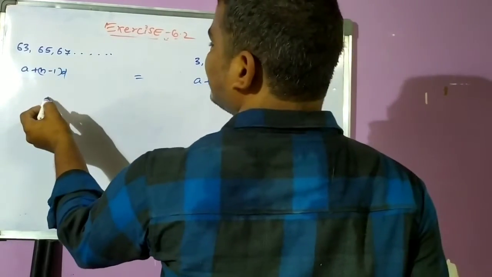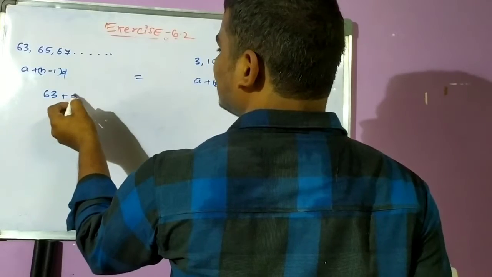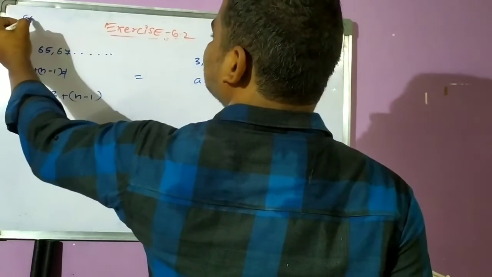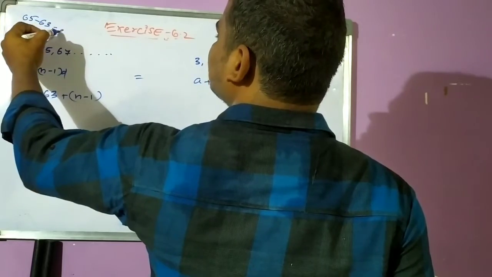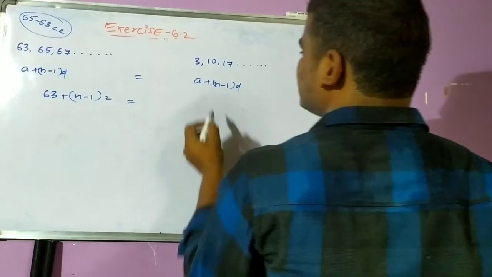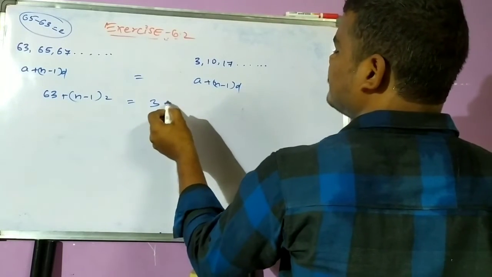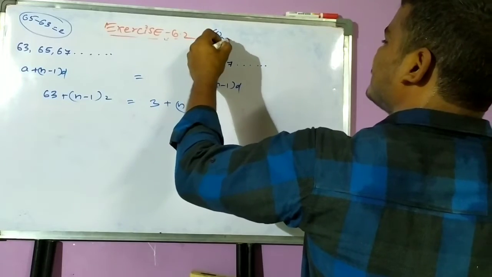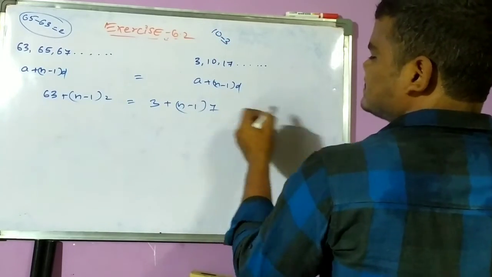Now what is a here? 63 plus (n minus 1) into the common difference, 65 minus 63, that is 2, which is equal to 3 plus (n minus 1) into the common difference, 10 minus 3, that is 7.